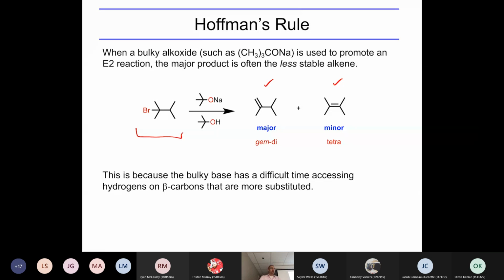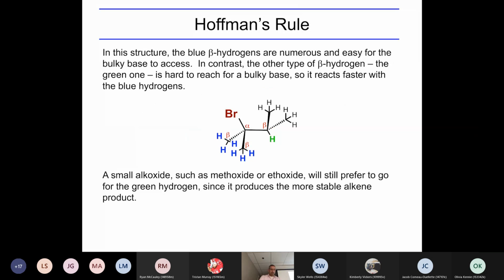This is an exaggerated redrawing of the exact same molecule. The alpha and the beta carbons are indicated, and we have the green beta hydrogen, or we have the blue beta hydrogens, and there's 6 of them. The bulky base that's coming in here has all this stuff around it, right?